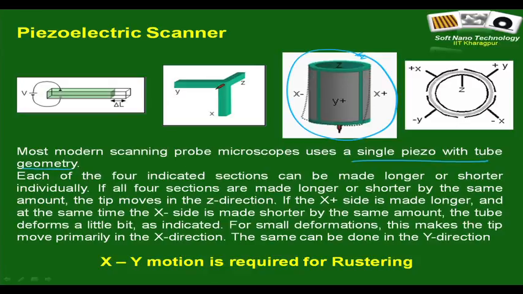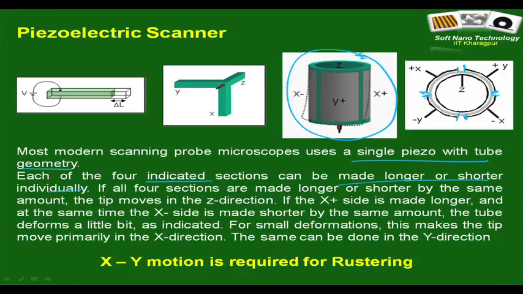This has in fact 4 parts, you can identify 4 quarter circular parts, which constitute this tube, and each of the 4 sections can be made longer or shorter individually. So, the feedback loop can feed the voltage individually to these 4 components.